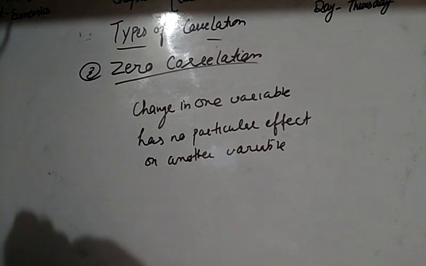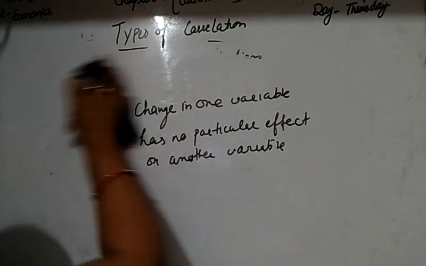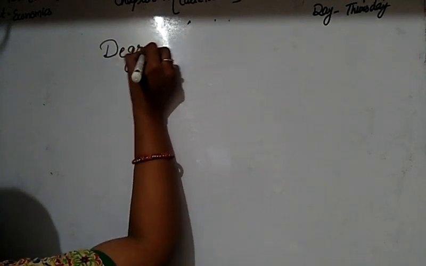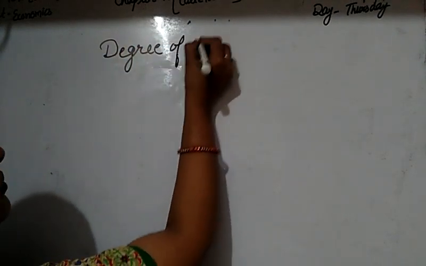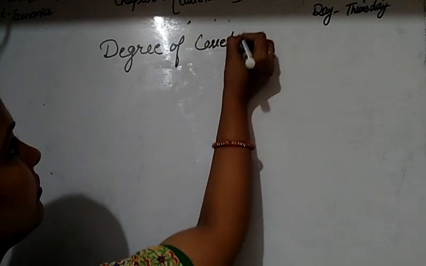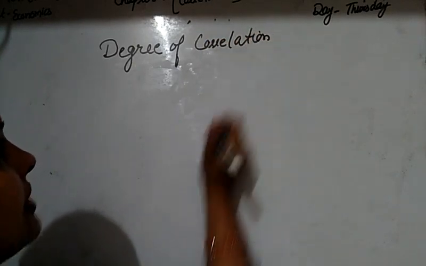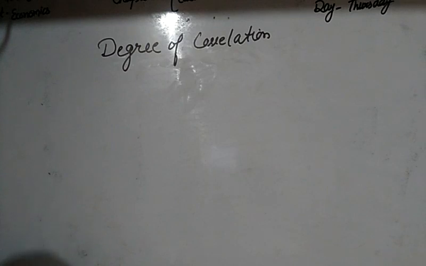Clear students? Next is degree of correlation. So students, as I told you, correlation is used as a tool to present the relationship between two variables numerically.